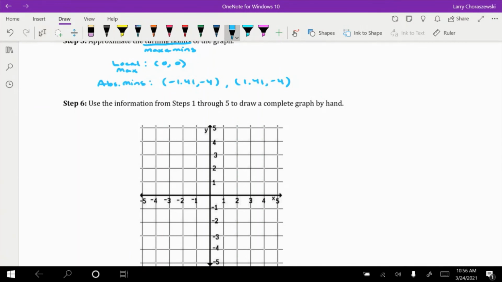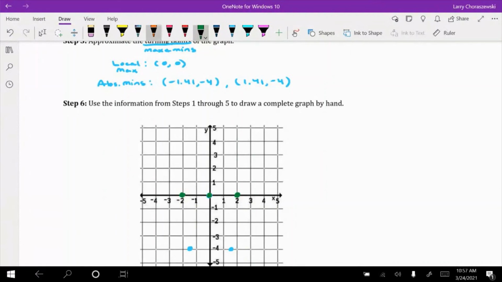The local max at the origin, negative 1.41, negative 4. So about negative 1.5 if you want, and then go down by 4 units. And then go to the other side to plot the other absolute minimum. And then we have x-intercepts at negative 2, 0, and positive 2.